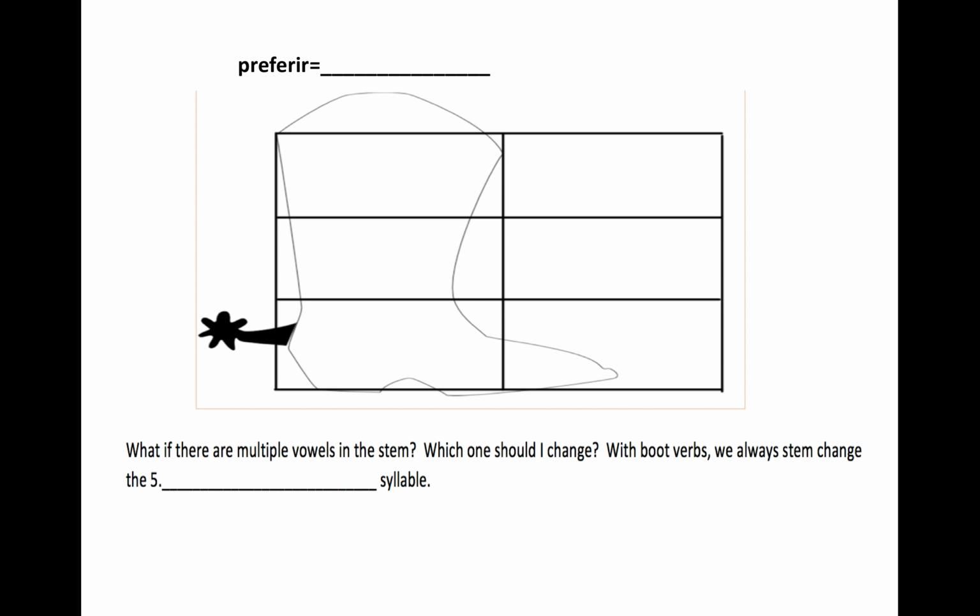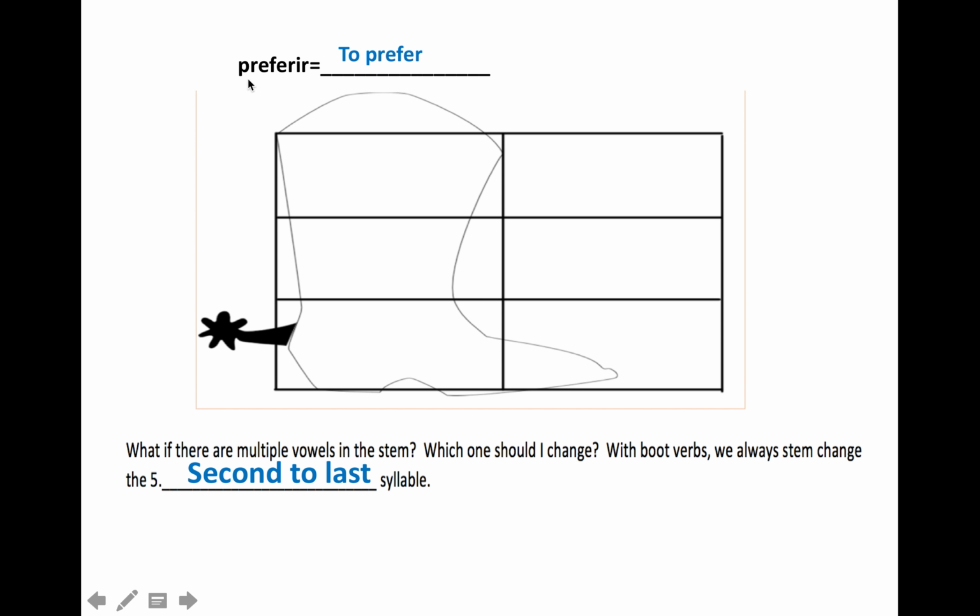Okay, and then the last one, preferir, means to prefer. Anytime you have a verb that has multiple vowels in the stem, for example, we know that this is an E to IE boot verb, but the problem is there are two E's in the stem. So there is a rule about this. The rule is down here at the bottom. It says, what if there are multiple vowels in the stem? Which one should I change? With boot verbs, we always stem change the second to last syllable.